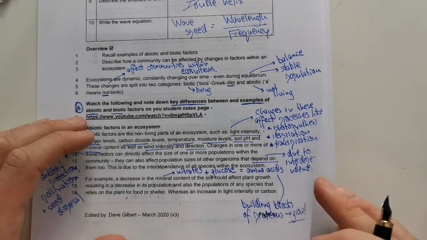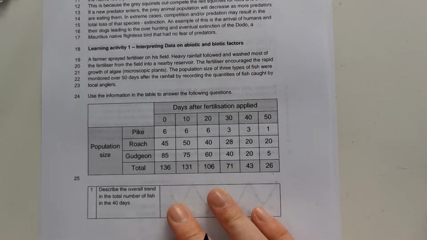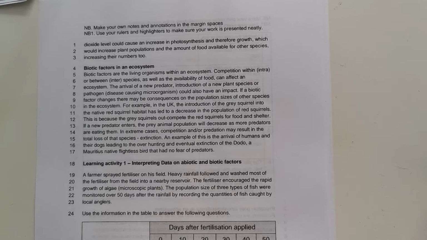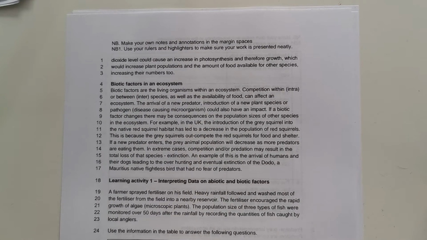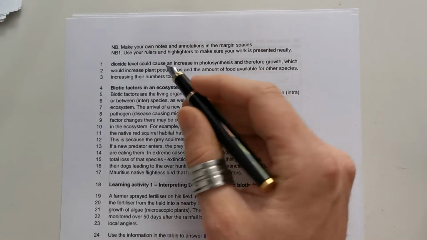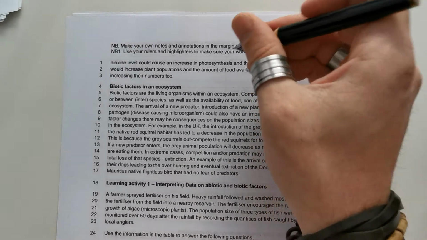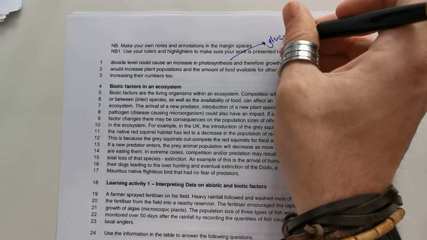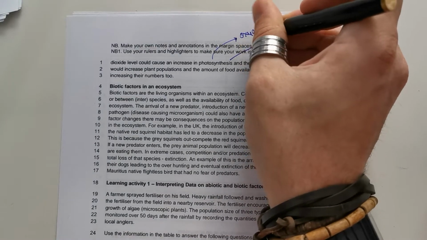Whereas an increase in light intensity or carbon dioxide levels, if we just come back to the top up here, just to remind you, could cause an increase in photosynthesis and therefore growth, because photosynthesis produces glucose and it produces oxygen.